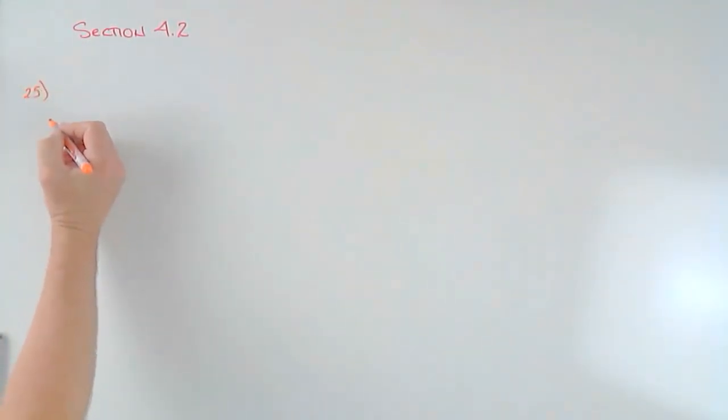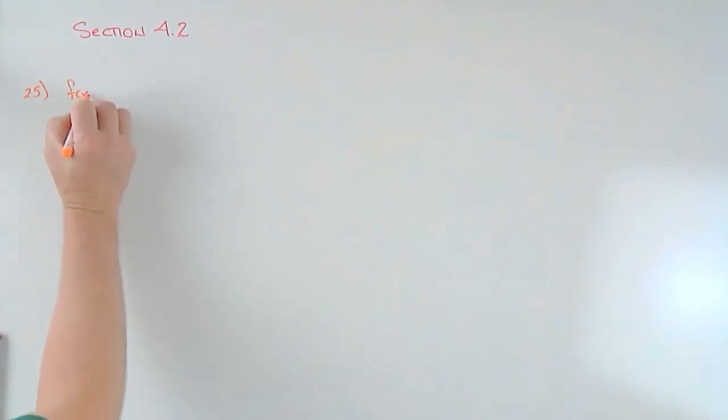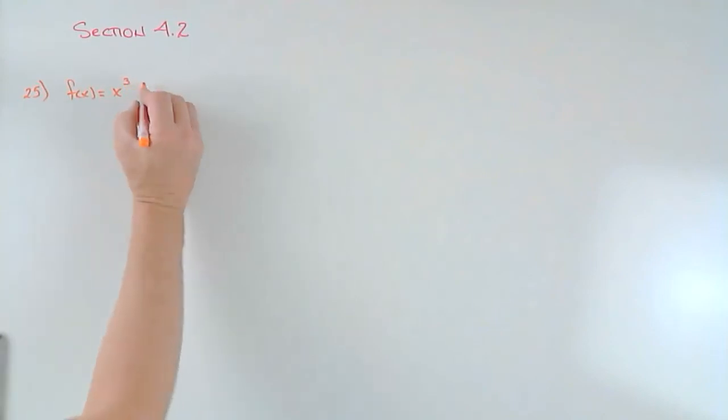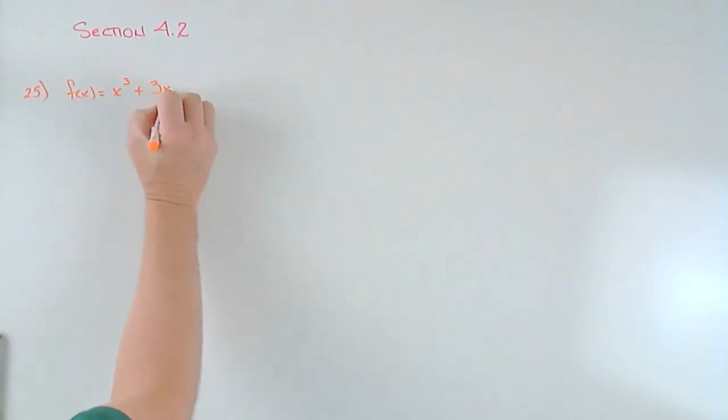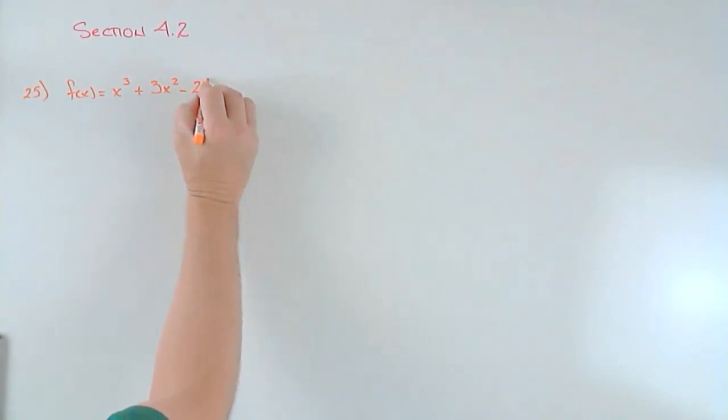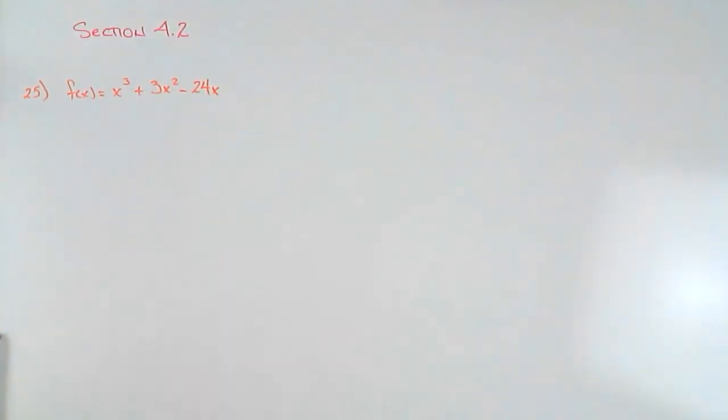Problem 25, they give us a function f of x equals x cubed plus 3x squared minus 24x. And the instructions say find the critical numbers.